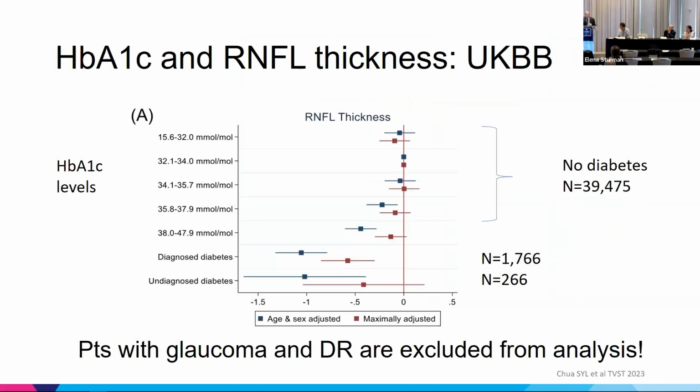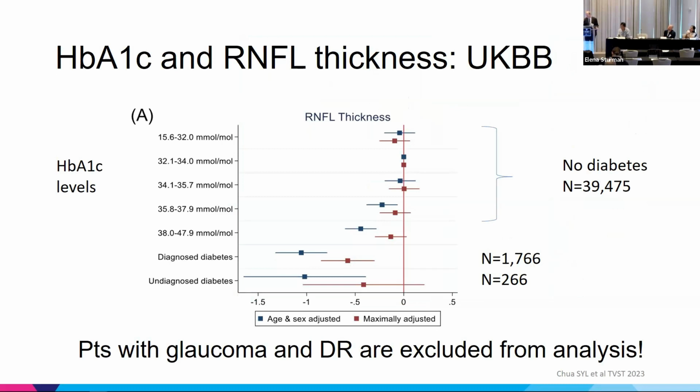And again, Anthony's work, this is really amazing. So hemoglobin A1C is a biomarker for insulin resistance, right? So the higher your hemoglobin A1C, that is an indicator that you're more prone to insulin resistance.